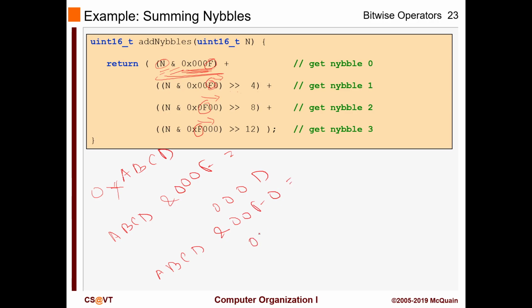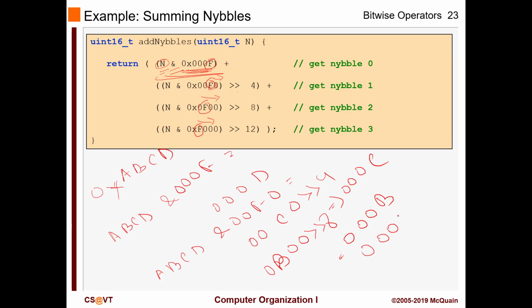This is going to be 0 0 C 0. Then I am doing a shift by 4, so it's going to be like 0 0 0 C. The next one is going to be 0 B 0 0, obviously. Shifting by 8, it's going to turn into 0 0 0 B. The last one is going to be 0 0 0 A. And then I'm just summing them up. So that's why this function works.